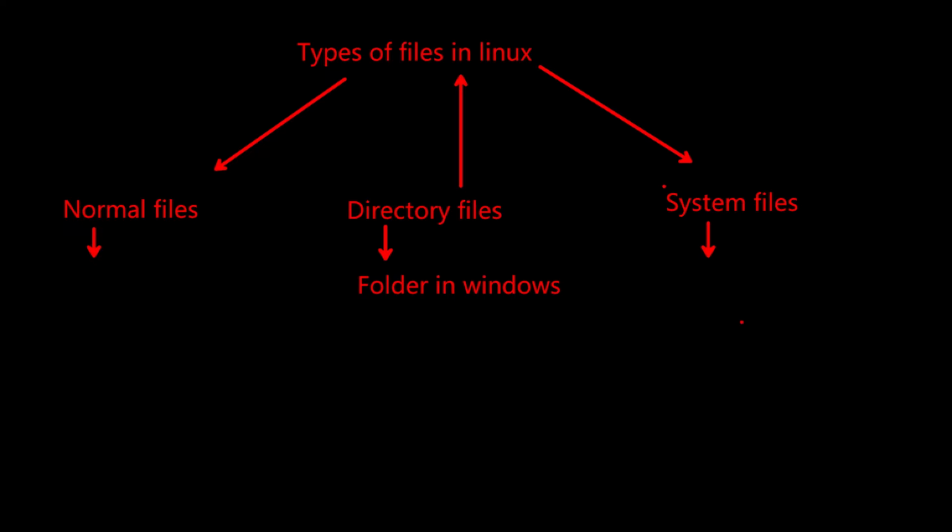Those are all software files. In Ubuntu, everything is considered as a file. In system files, you have all the software related files, and in normal files, you have all the text files, etc.